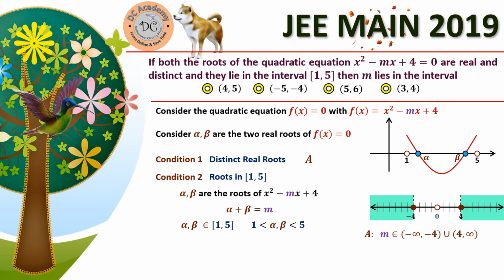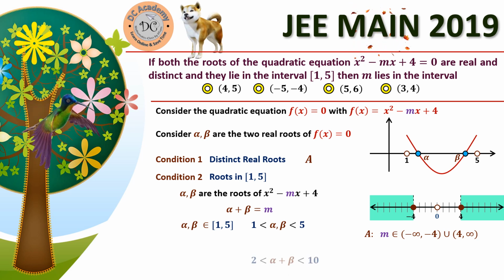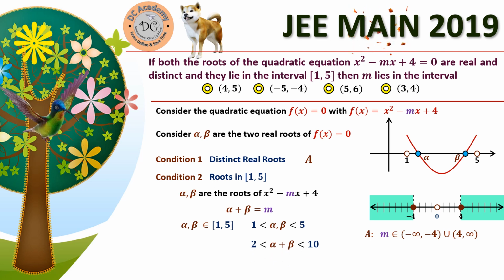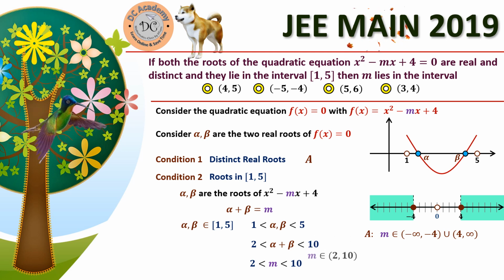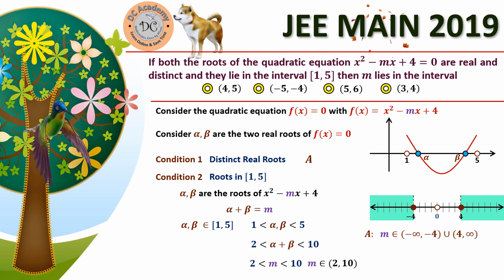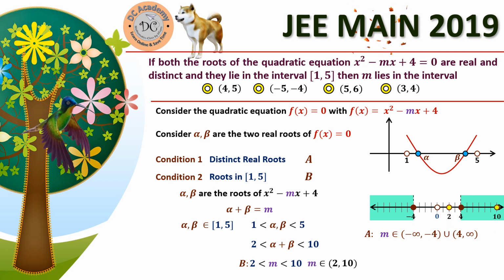If we add them together, we get 2 less than alpha plus beta less than 10. So m lies between 2 and 10. The second condition is satisfied if m lies between 2 and 10. Let's mark the points 2 and 10. So m belongs to this interval, and this condition needs to be satisfied as well. Let's go ahead.